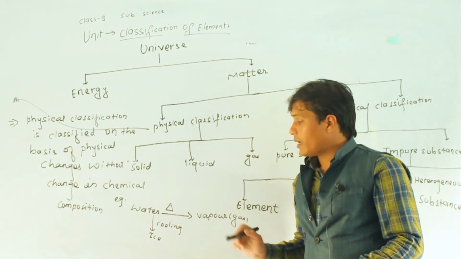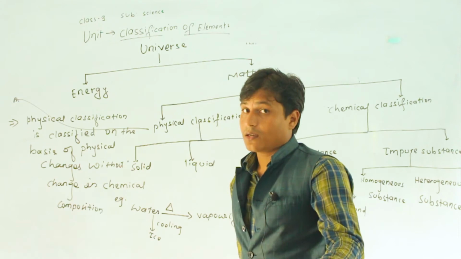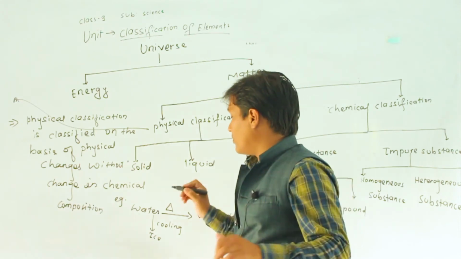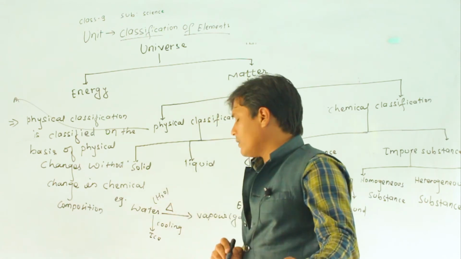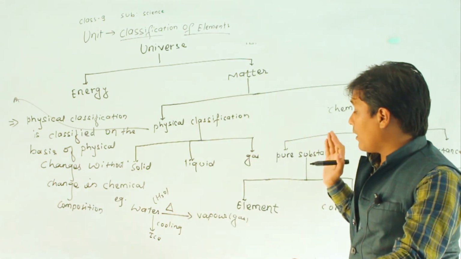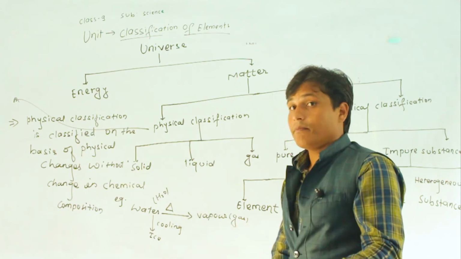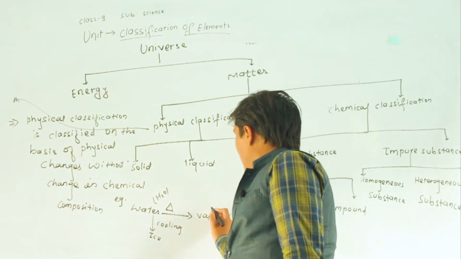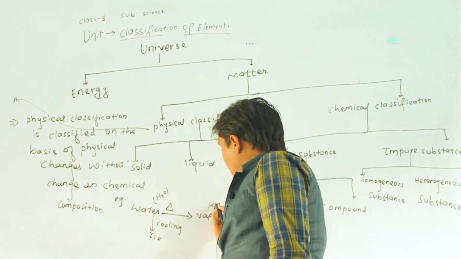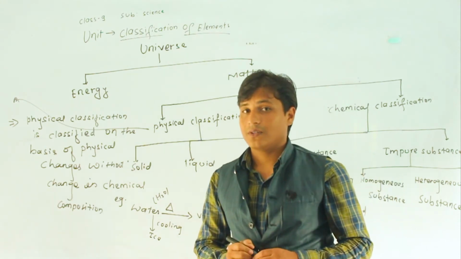How? Water consists of molecules of H2O. And vapor has the same property and nature chemically. So the molecule of vapor is also H2O.